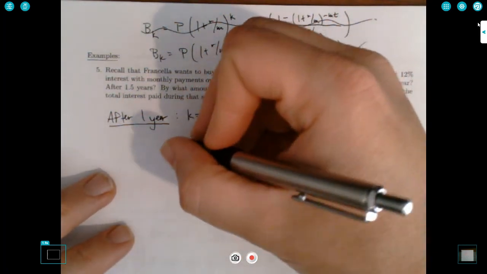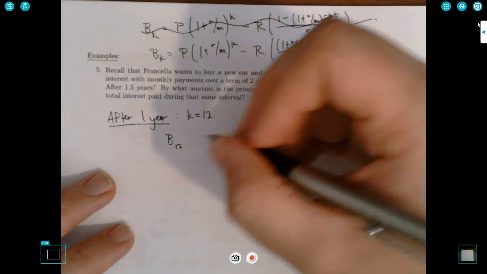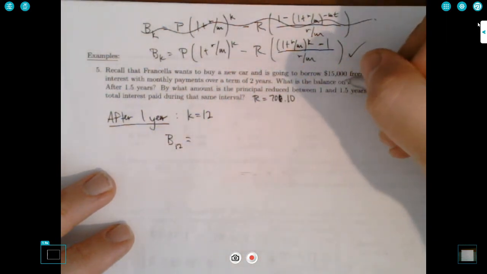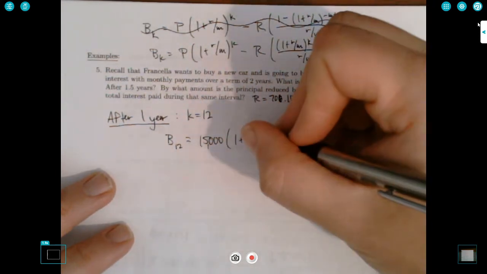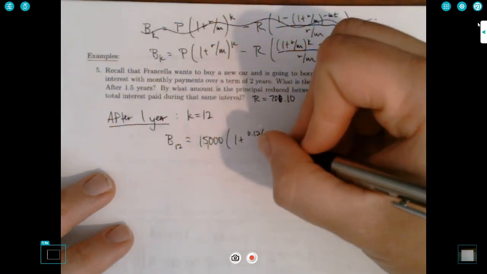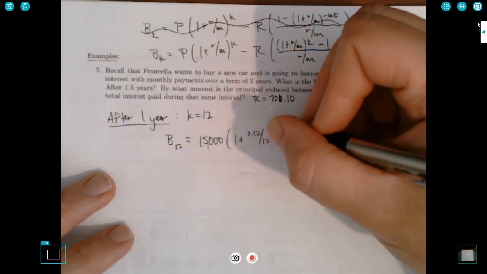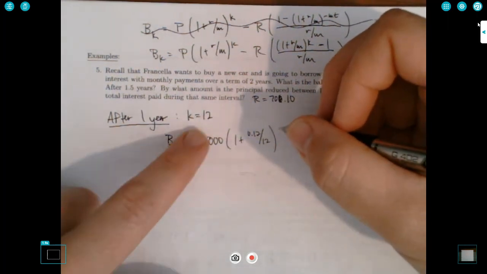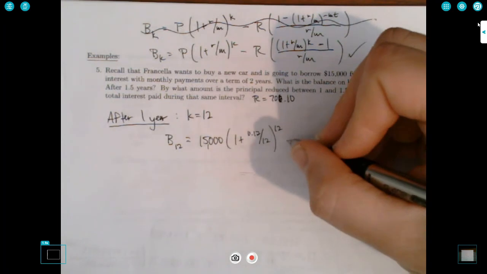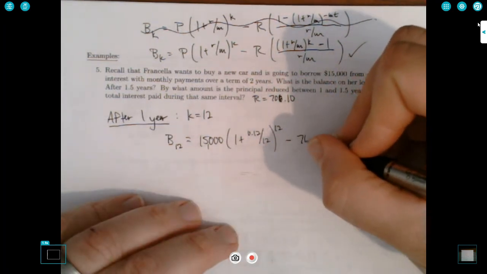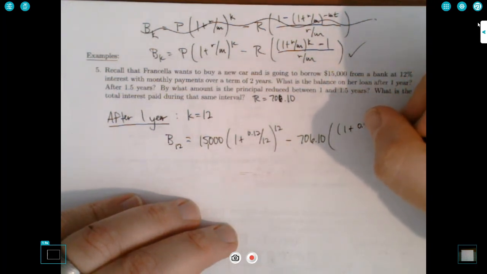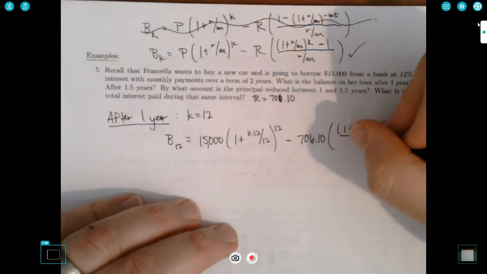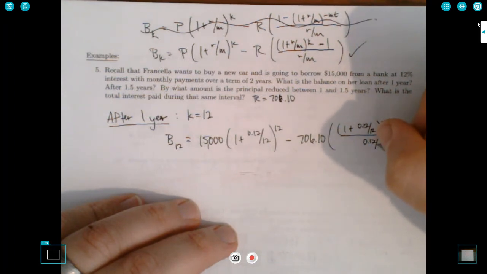So we're going to say her balance after 12 payments is going to be the principal amount that she borrowed, $15,000, times 1 plus interest rate divided by number of compounding factors, to the k, minus the rent payment, $706.10, times 1 plus r over m to the k minus 1, all over r over m.